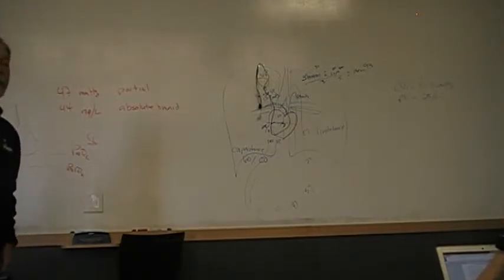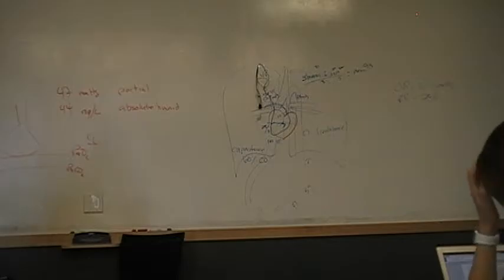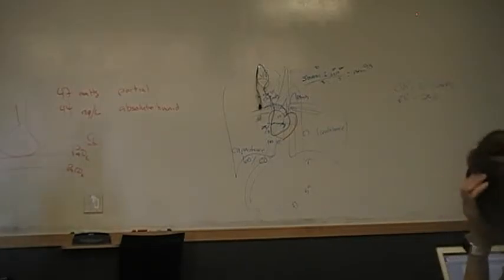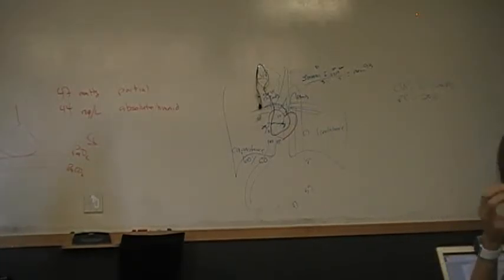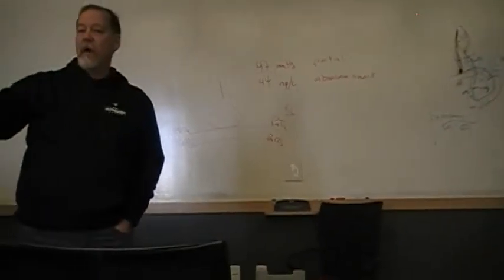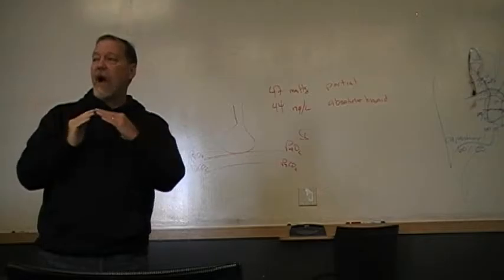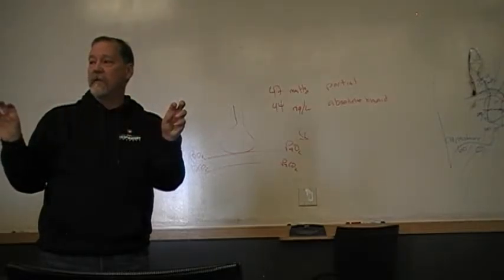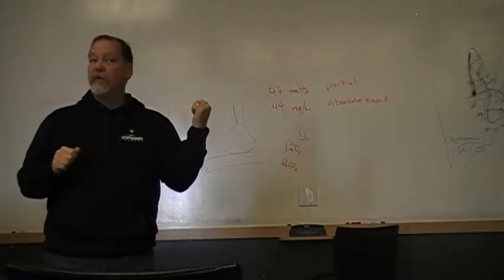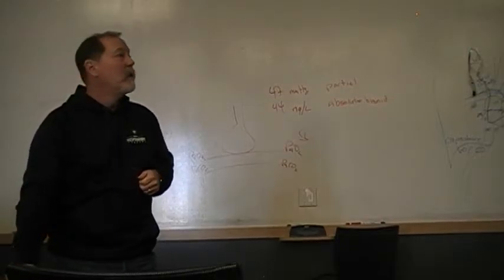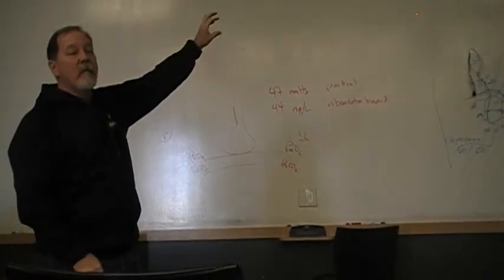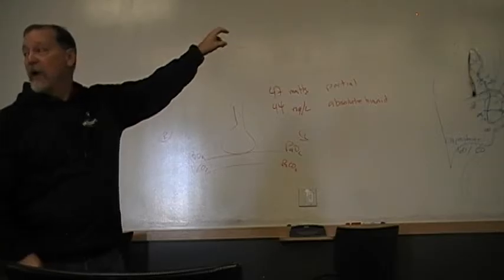Okay, so recruitment and distension can influence what happens to blood flow in the lungs. But the reason that there's a high pressure and a low pressure, 25 over 12, is because it's encountering resistance through the pulmonary system. And you're measuring that not only on the waveform, but also by what you see on the monitor that measures that pressure.